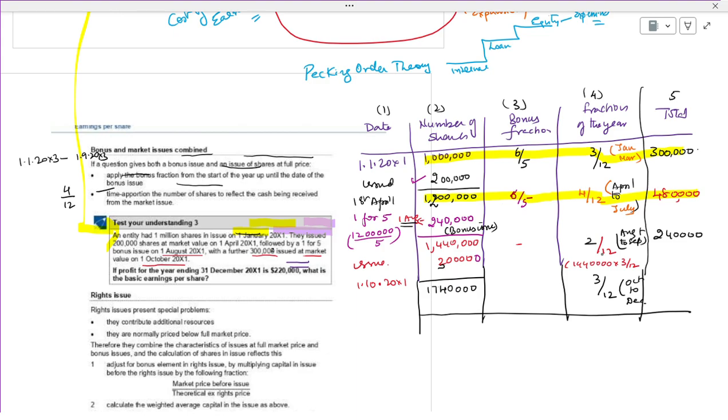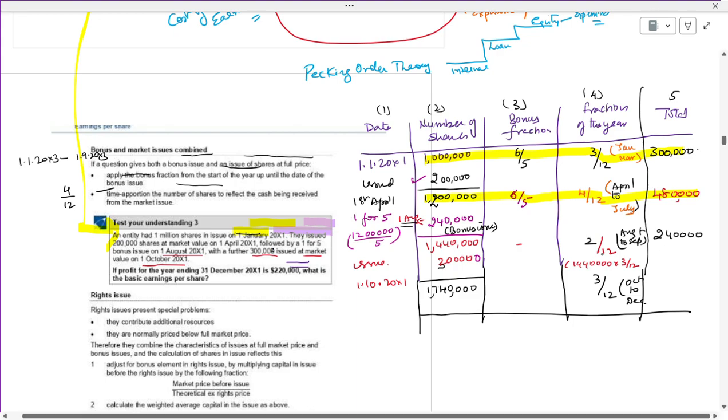They have issued in the month of August. From August to September, how many proportionate shares are there? 250. Then at the end of the year, how much do they have? 1740.